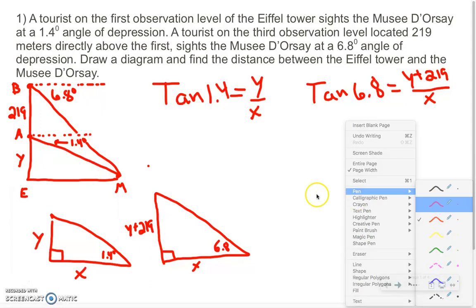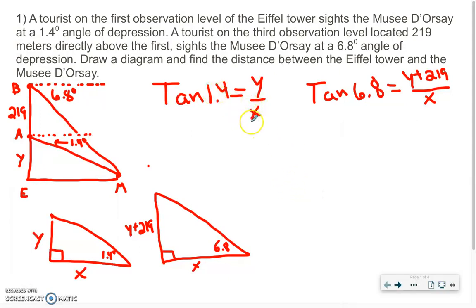So I change color here, we'll change to purple. Since we've got X and X in common, I'm probably going to want to solve for X in one of these terms, or solve for Y. It kind of depends upon you, what you want to do. It really will not matter.